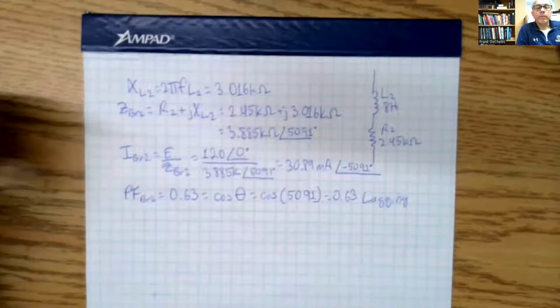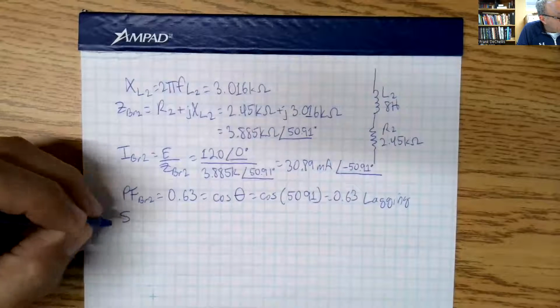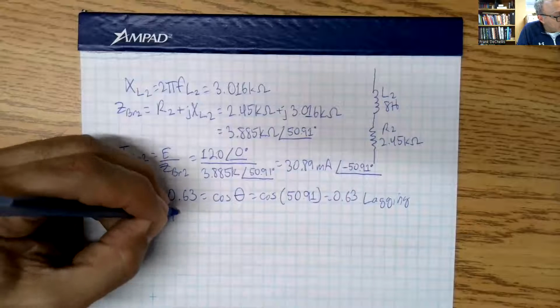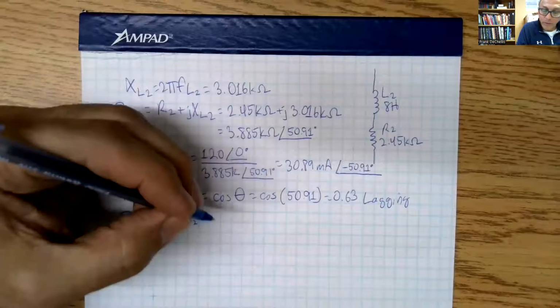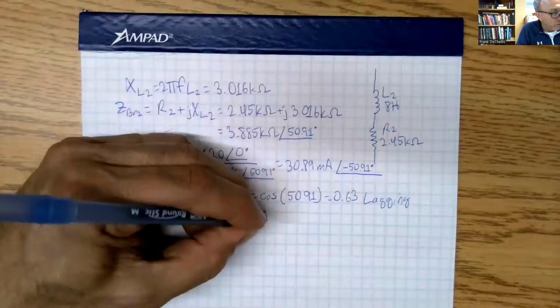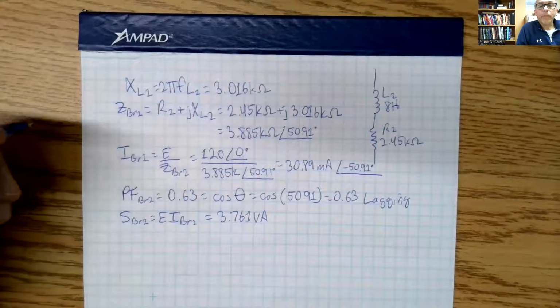All right, that's what we have there. Now, the apparent power of branch 2 is equal to E times the I of branch 2, which worked out to 3.761 volt amps. All right.